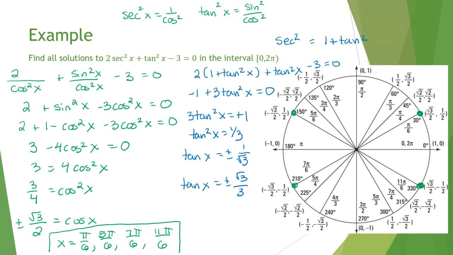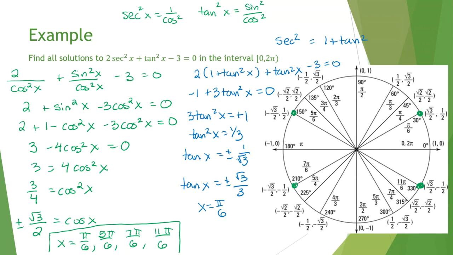It gives me pi over 6. So I see we get x equals pi over 6. And then because there's the negative version, you can find the negative version, and then you can use your period, which is pi, to get to each answer. So we get to the same answer.